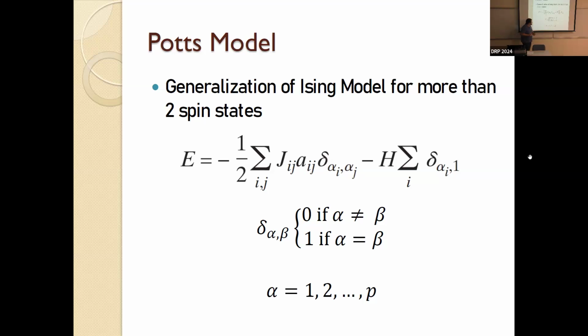And here, this delta term gives us that if the 2 spins are parallel, that term will be 1, there will be an interaction, and if they are not parallel, this interaction ends up 0.